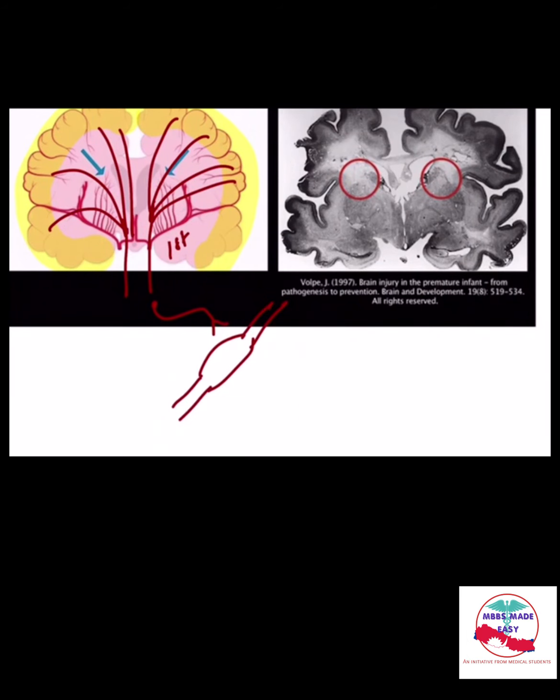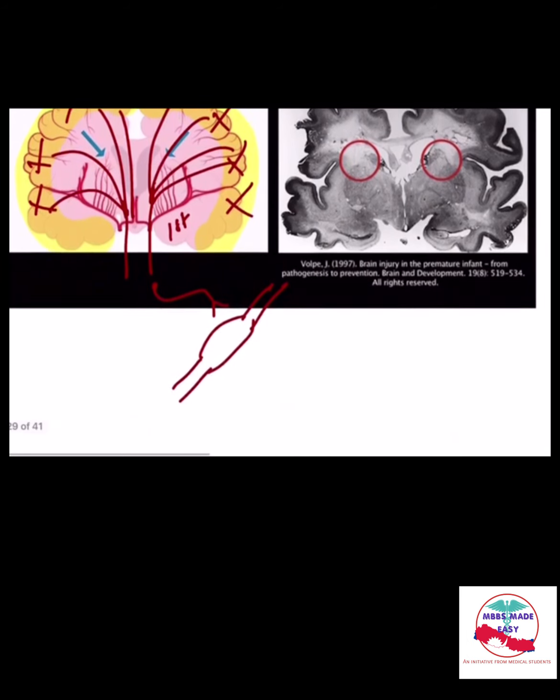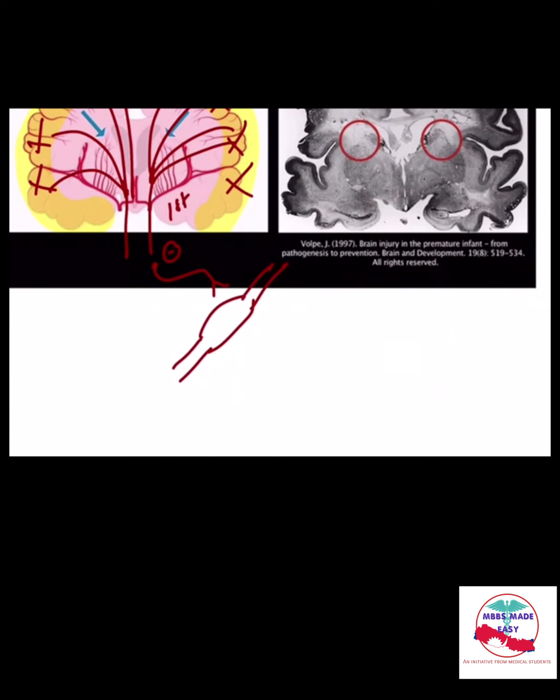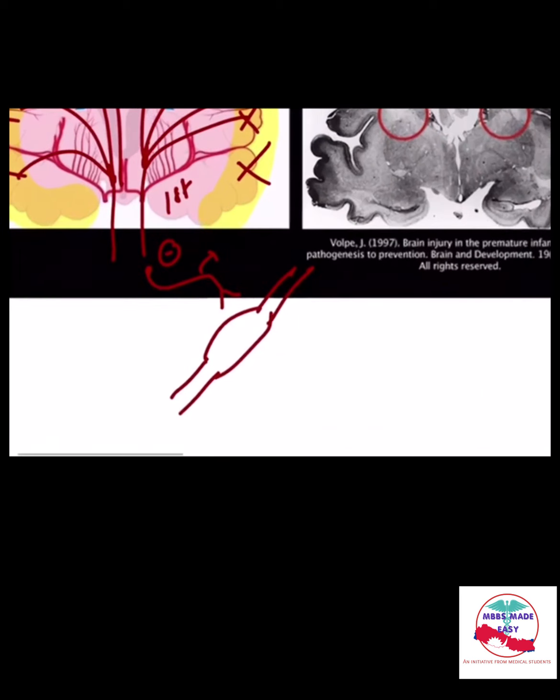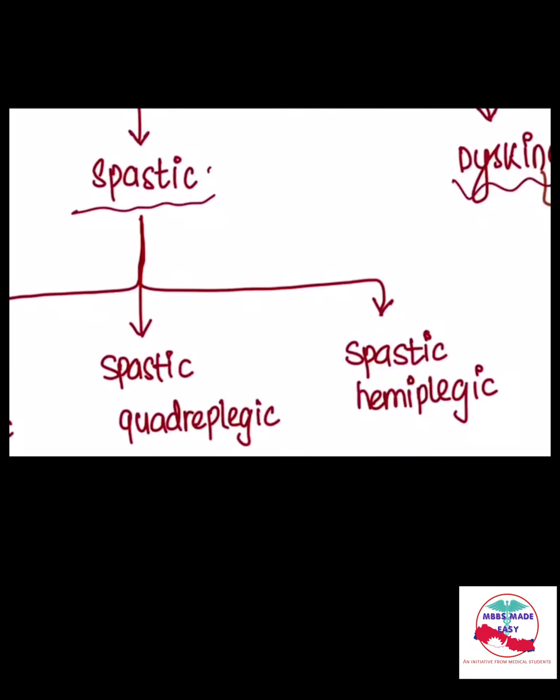So if there is damage to this first order neuron, that is, damage to this cortex, then you will have an upper motor neuron type of palsy, because the first order neuron will not send inhibitory impulses to the second order neuron. Thus the second order neuron will be unregulated and will increase its firing rate, and hence the muscle will contract too much and go into a spastic type of paralysis. And hence, if anyone says the cerebral palsy is a spastic type, then think the damage is in the cerebral cortex, right?